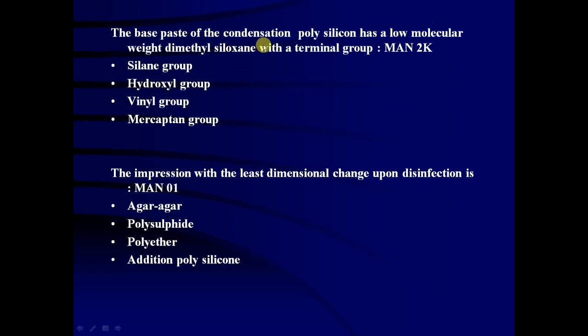The base paste of the condensation polysilicone has a low molecular weight dimethyl siloxane with a terminal group: silane group, hydroxyl group, vinyl group, mercaptan group. Answer is hydroxyl group. The impression with the least dimensional change upon disinfection is agar-agar, polysulfide, polyether, addition silicone. It is addition polysilicone.